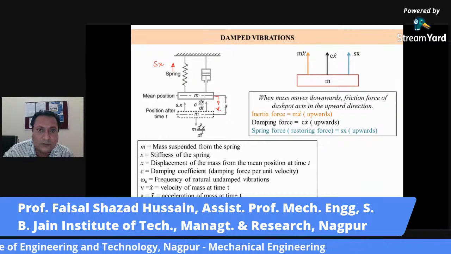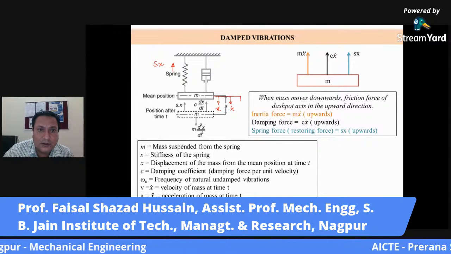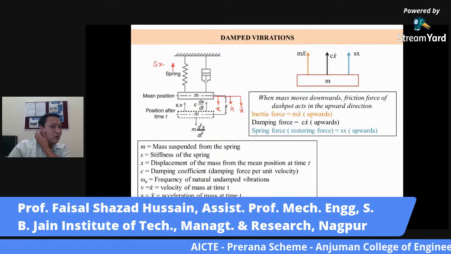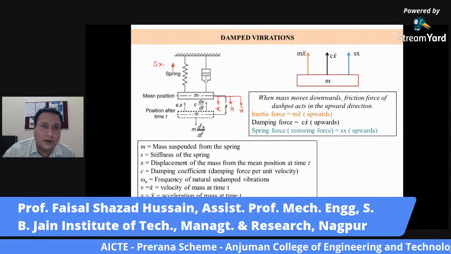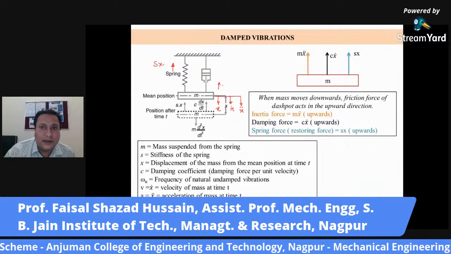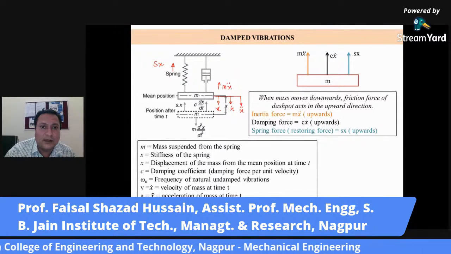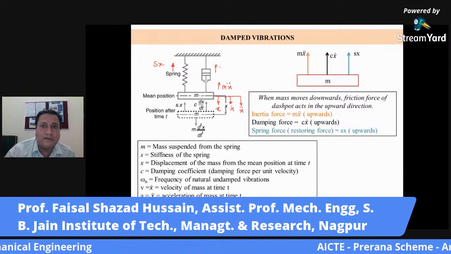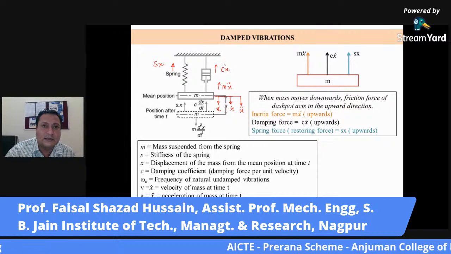If displacement is downward, velocity will be downward, then acceleration will also be downward. So the accelerating force is downward, and the inertia force will act upward. Similarly, this is your damper, so a damping force will also be developed in the upward direction.